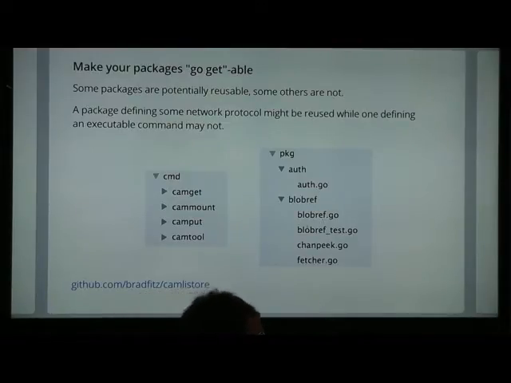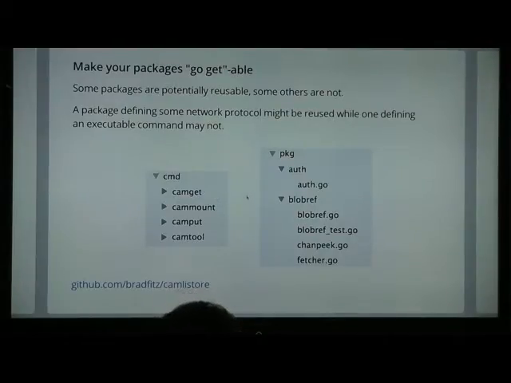And then this program is actually a set of tools that you can use to upload and download objects to the cloud. So every single command is actually a different binary. This is the way he organized it. Inside of cmd, you will have a different directory per binary, and inside you will always define the main package.